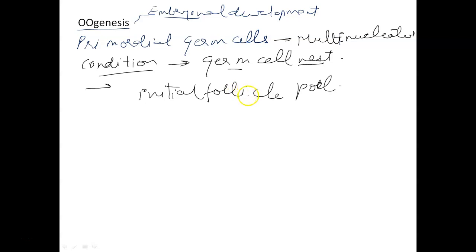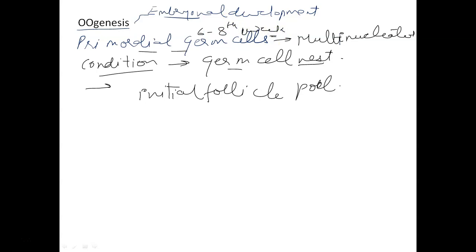Okay, now this actually happens to the primordial germinal cells at the 6th to 8th week of embryonal development. So this was occurring at the 6th to 8th week, right?